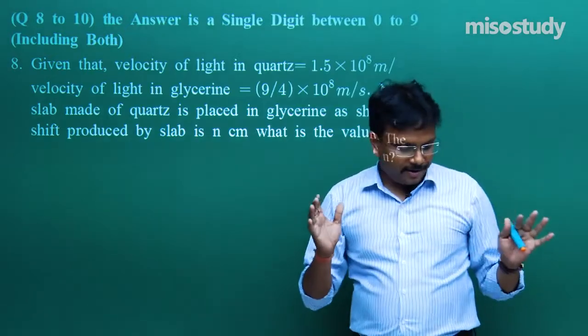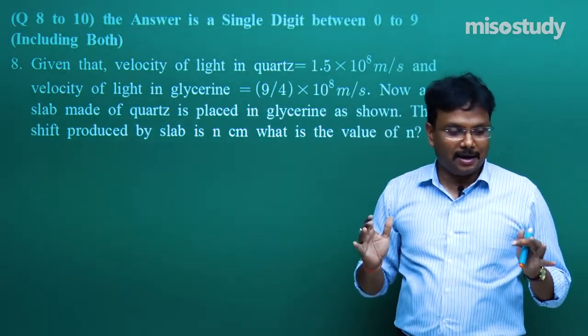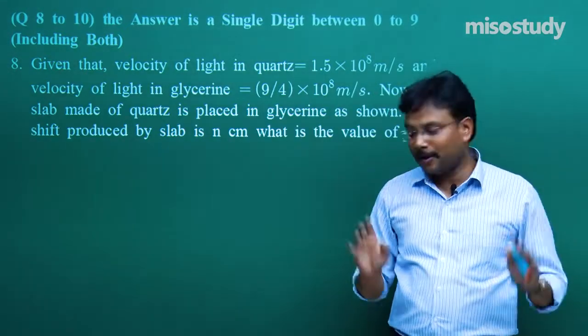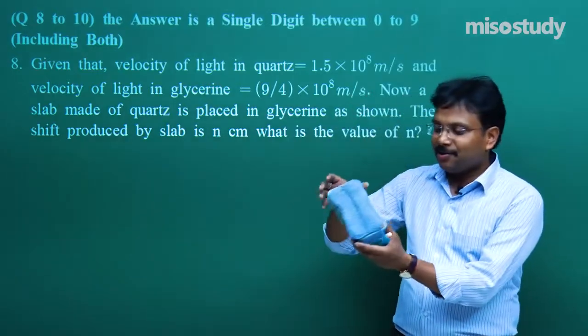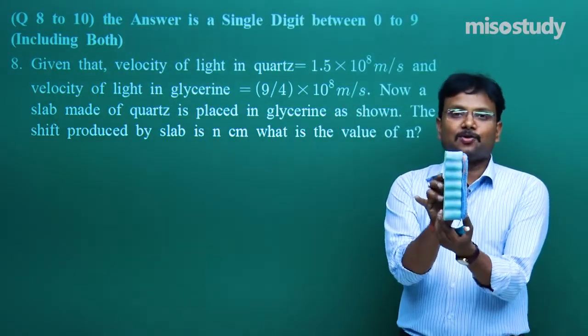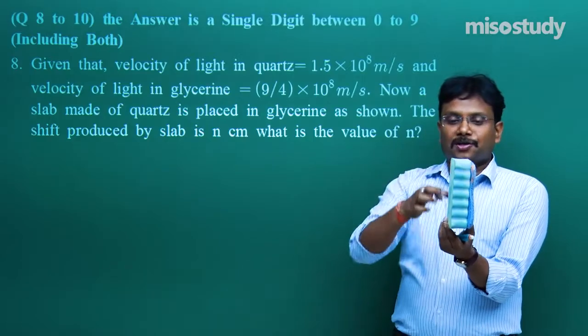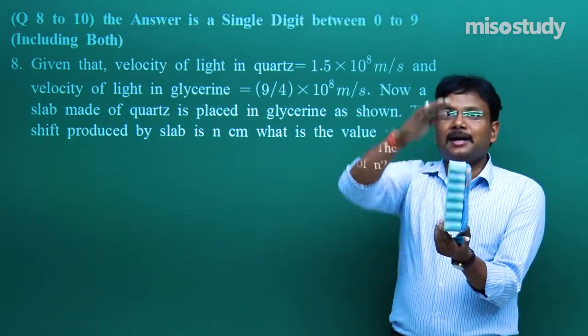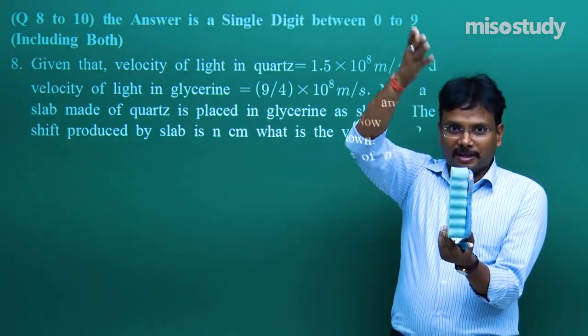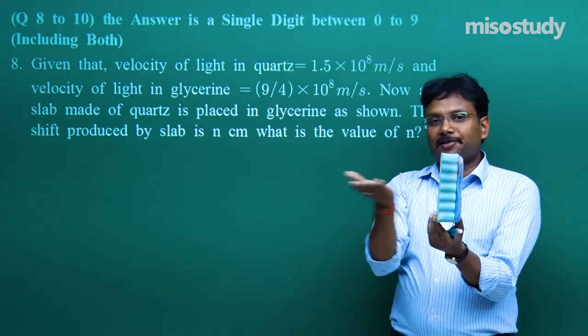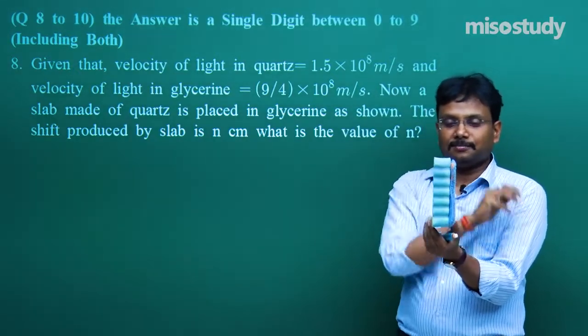Imagine, let's say the place where I am standing is filled with glycerine, and this is the quartz slab, and this quartz slab is placed like this. So this is quartz. Let's say this is air or vacuum from where the light is coming. This is glycerine, this is glycerine.